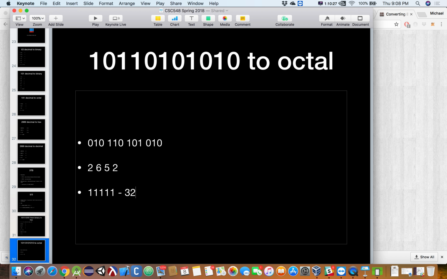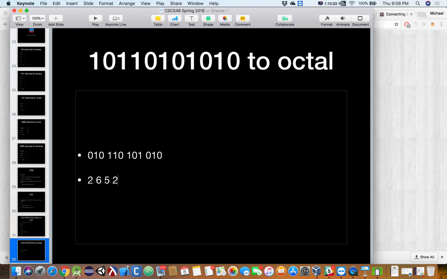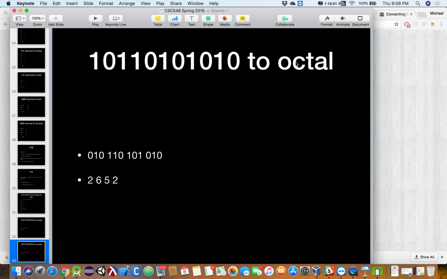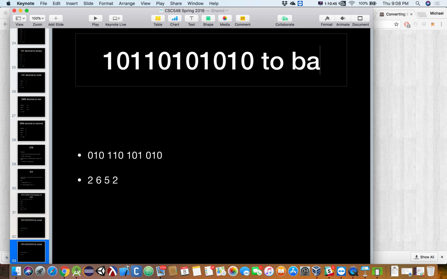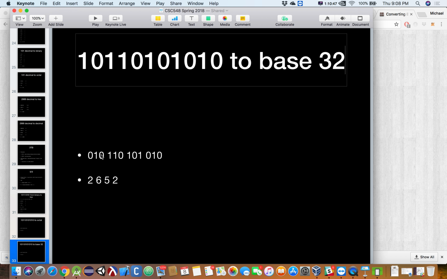So to take us to the next level, to have the next convenience. If you want to really impress people, I guess, we take this value, we take this guy, and I say convert this guy from binary to base 32.